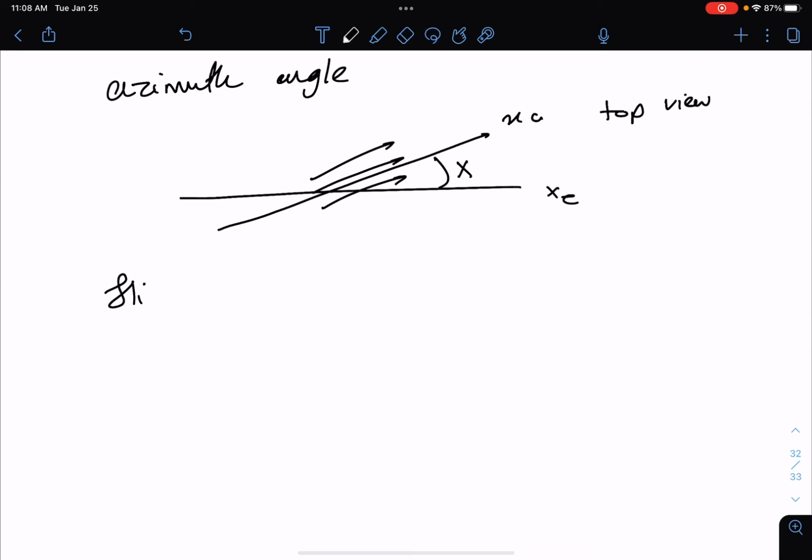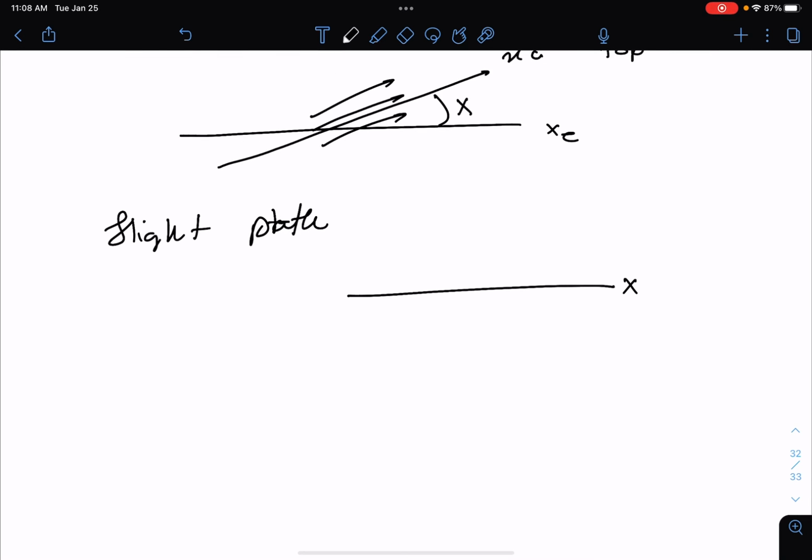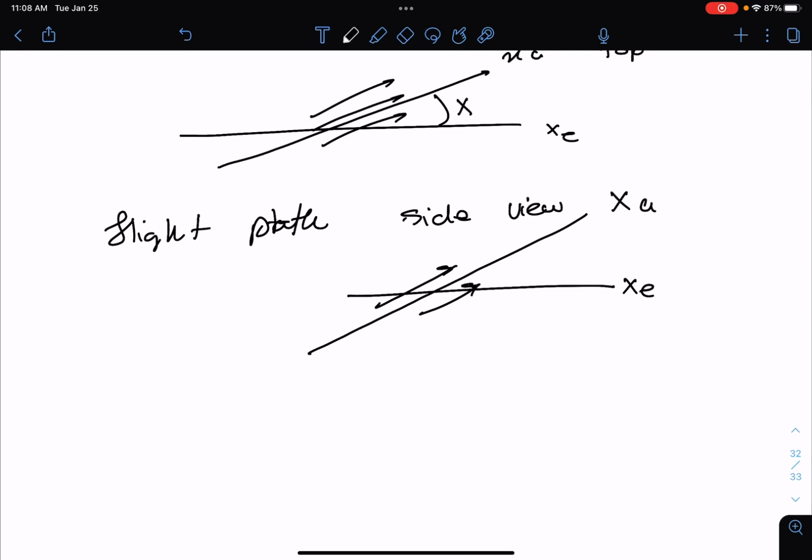Flight path angle. Direction of the Earth, or horizon, whatever you call it, and the direction of the movement of air. This is also a side view. Flight path angle is much more common.